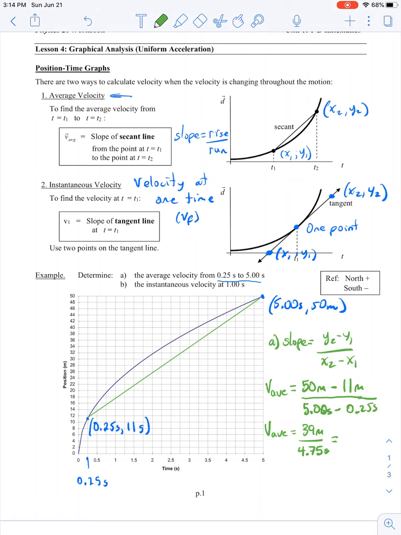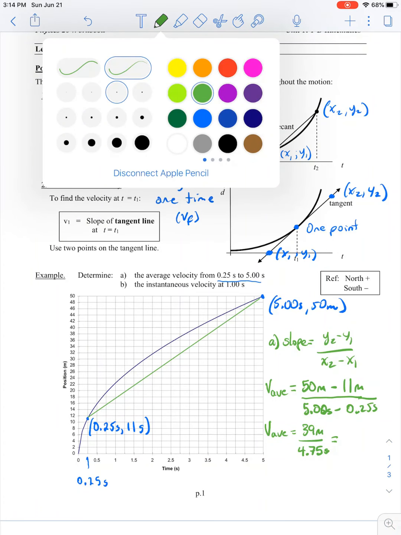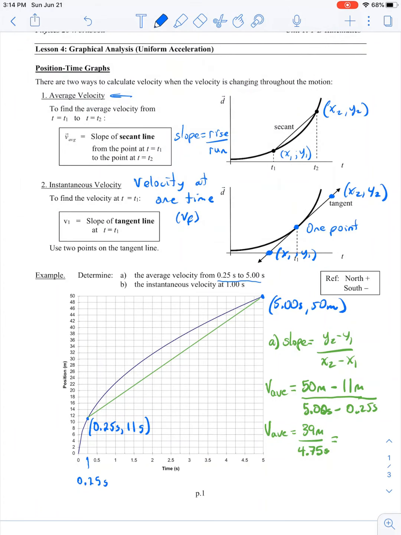To get the instantaneous velocity at 1 second, what I would do is try to approximate the slope at that particular point. So at 1 second, there is a point right there. The tangent line then will be my best approximation of the slope at this point.